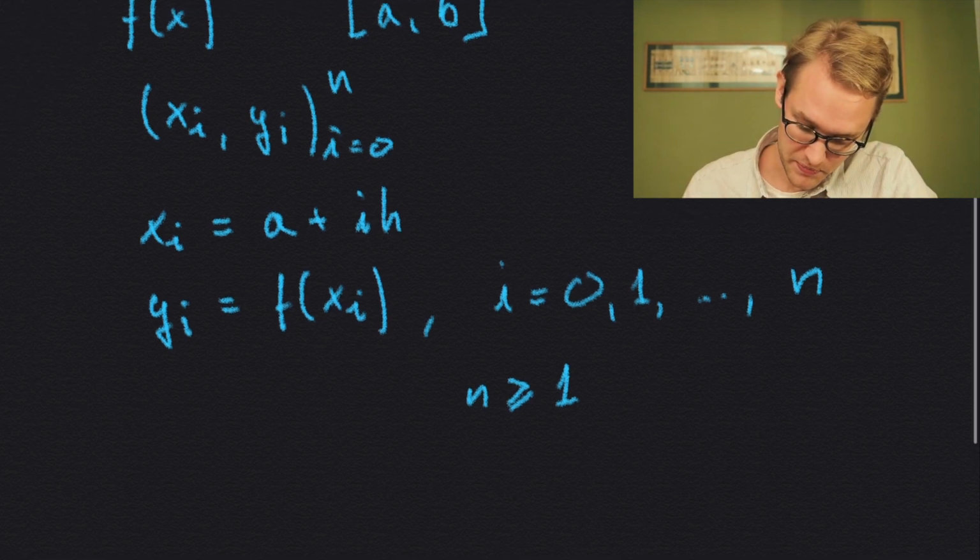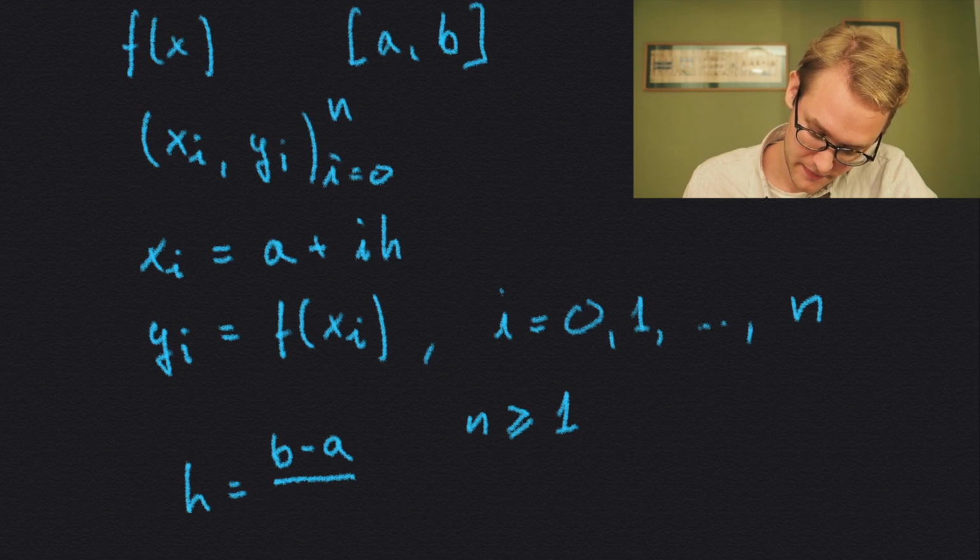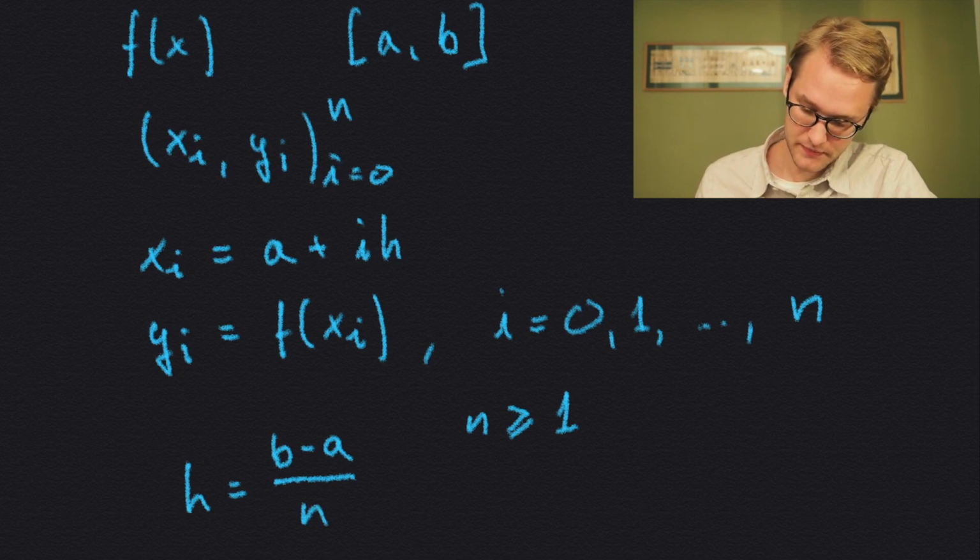And of course the spacing between the nodes is given by h, which will be b minus a divided by n.